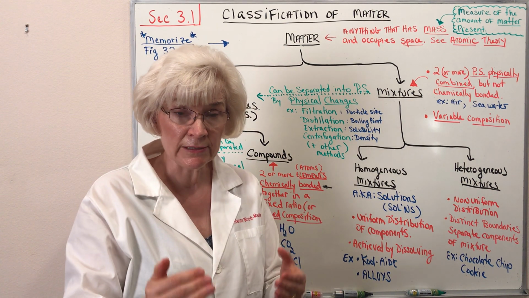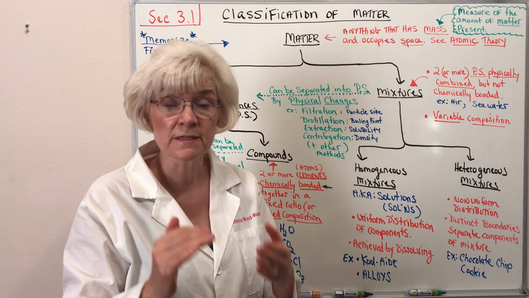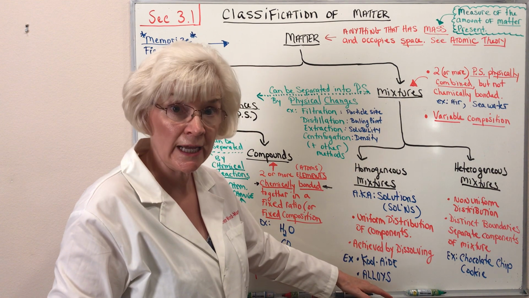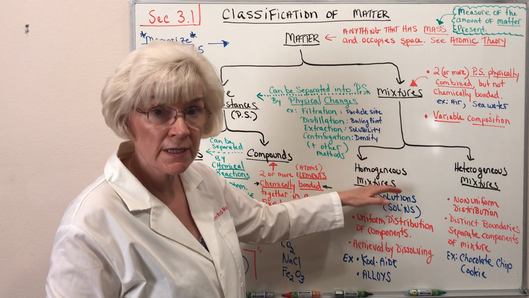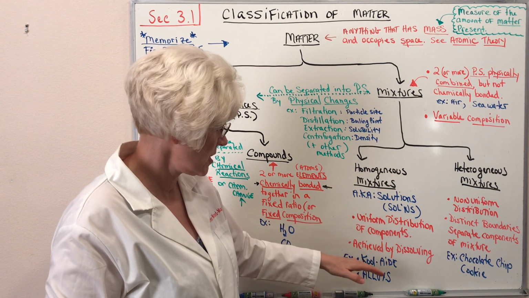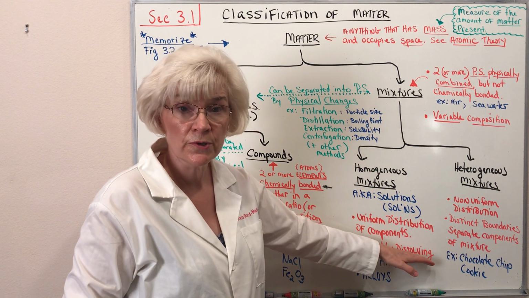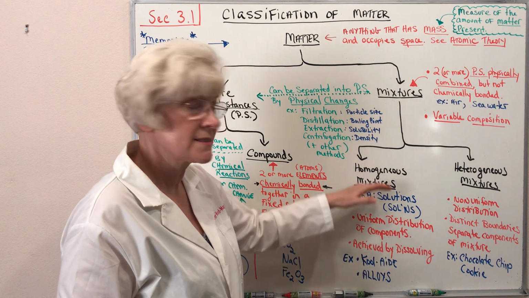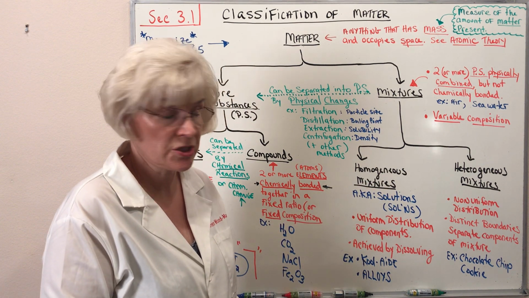Then cool it down and allow it to harden and solidify. And what you have is an alloy. It is a homogeneous mixture of metals achieved by a dissolving process through heating. So alloys are an example of a homogeneous mixture.